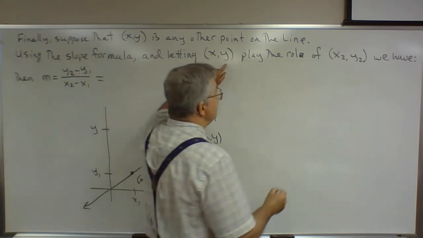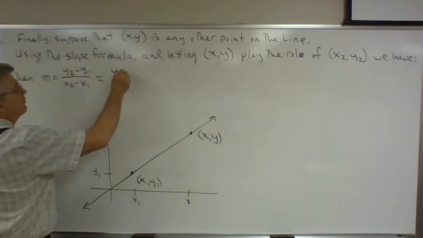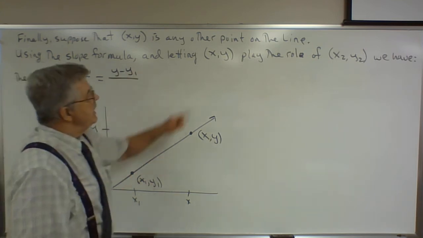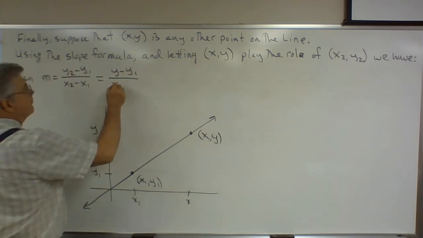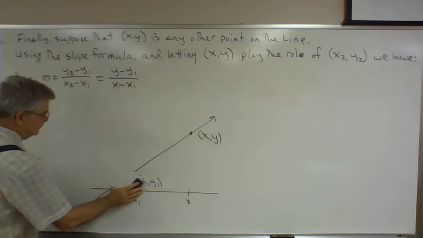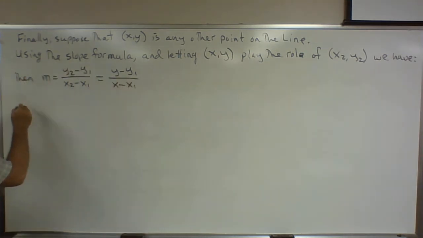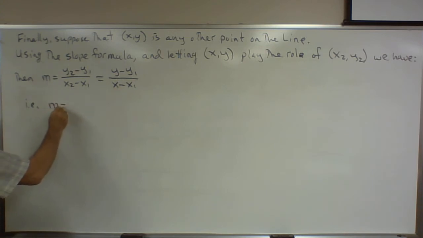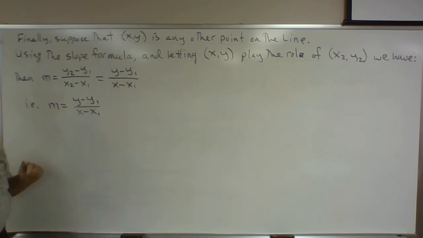But y is playing the role of y2 in this case, and x is playing the role of x2. We come up with m equals y minus y1 over x minus x1.